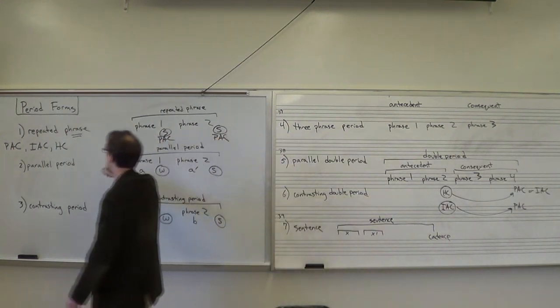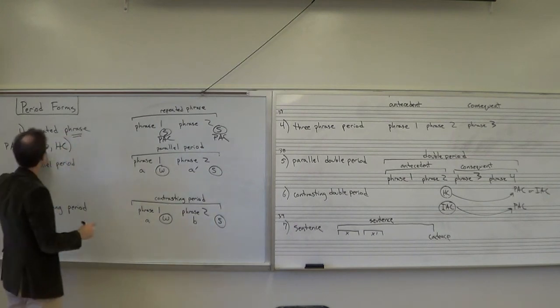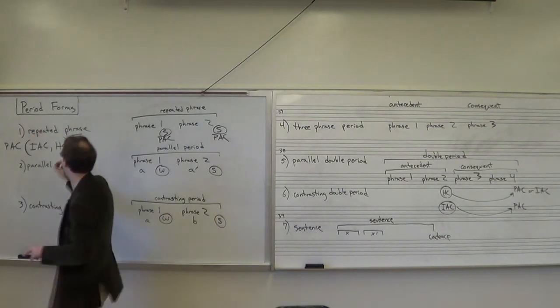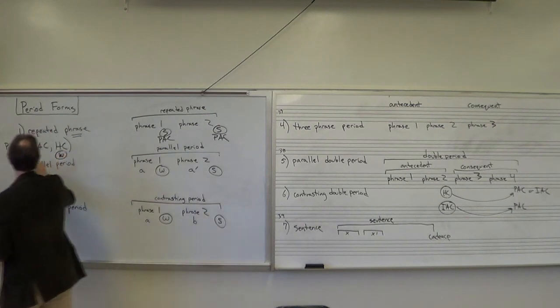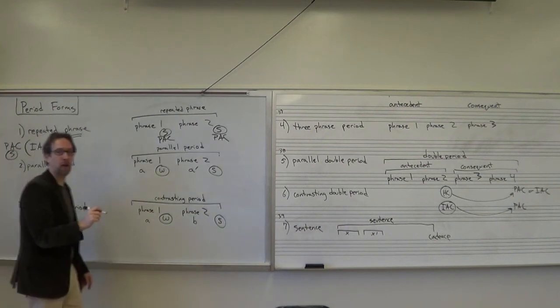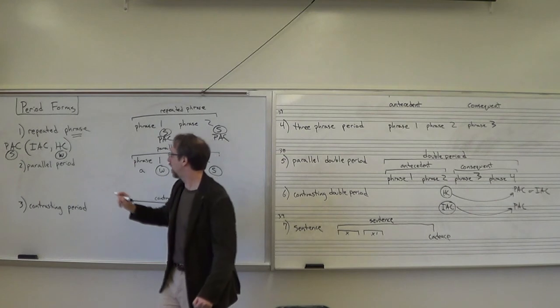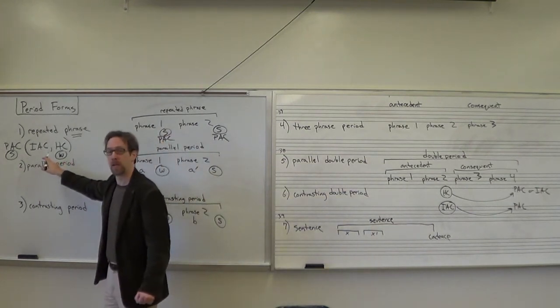Weaker could be either imperfect authentic or half cadence. Half cadence is always a weak cadence. Perfect authentic is always a strong cadence. The imperfect authentic cadence is in between, so it could go either way.